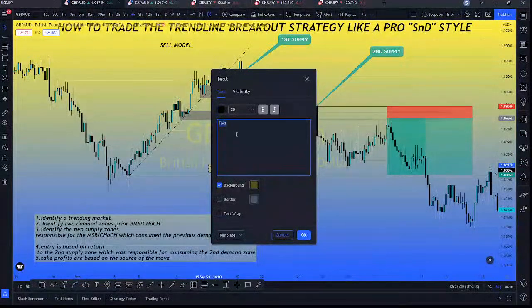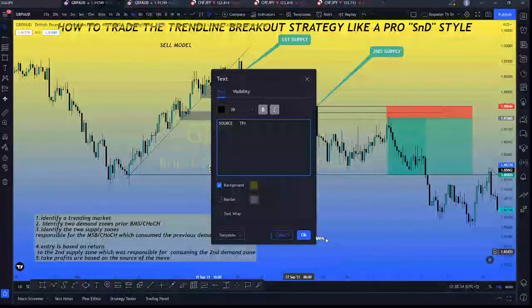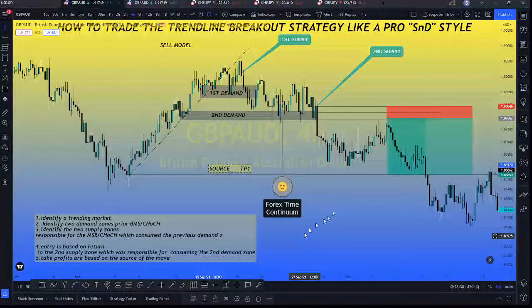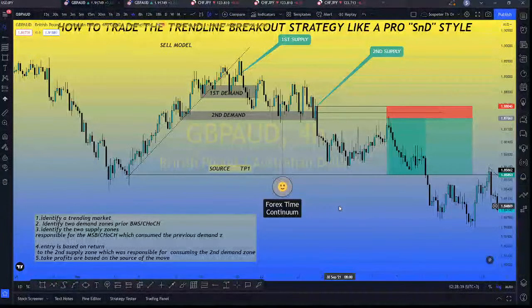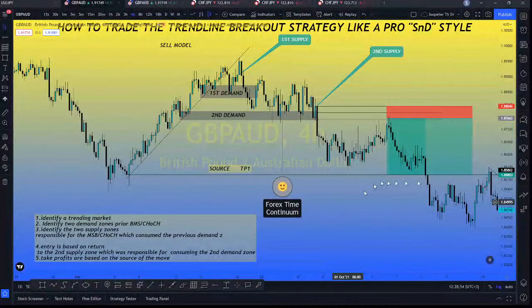So about the TP, we said the source is the TP1. As I've told you, if the source gets broken, you wait for a retest, and then you continue selling the dip, like yesterday's setup.